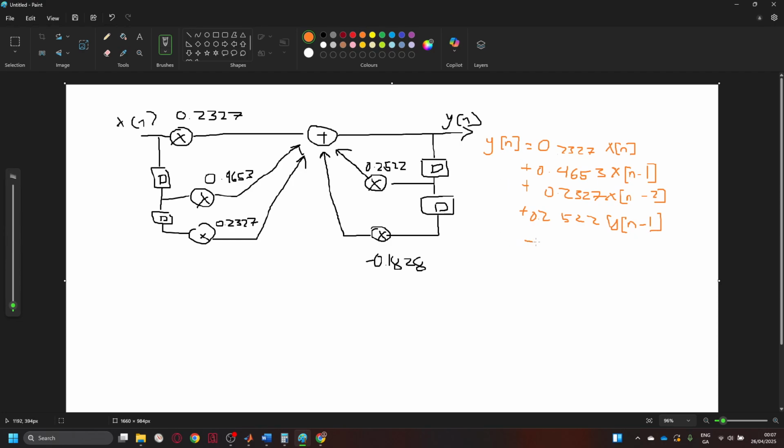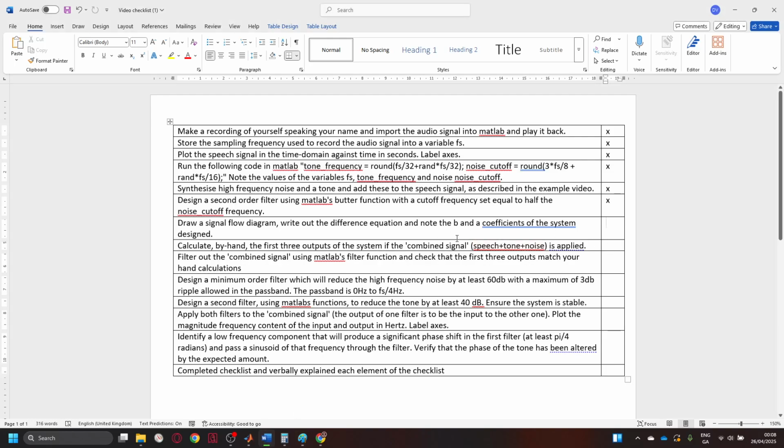Next one is minus 0.1828 times y of n minus 2. So that's going to be the equation. So I'm just going to put a check here for drawing the signal flow diagram.